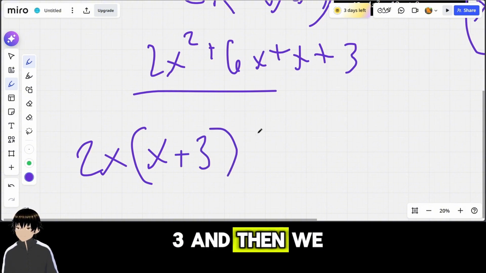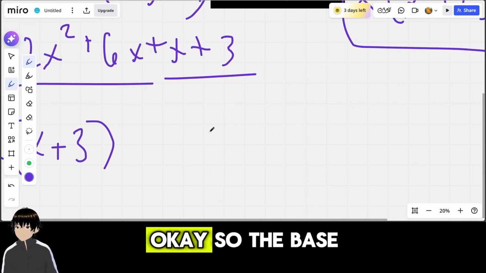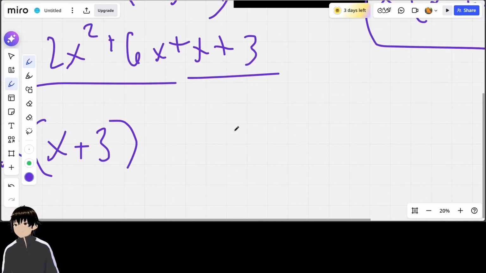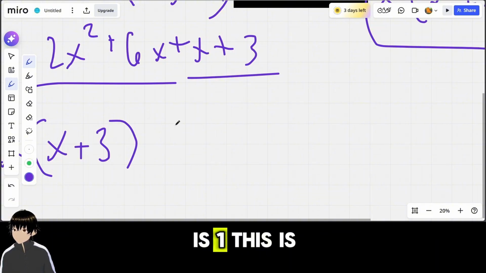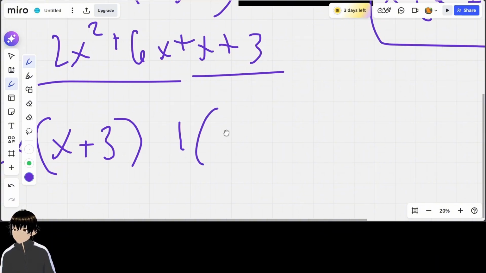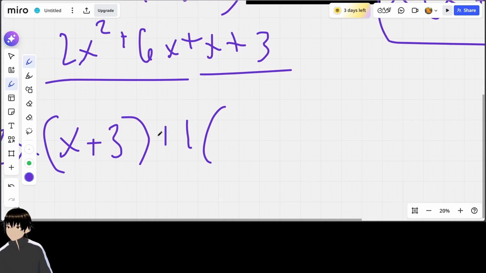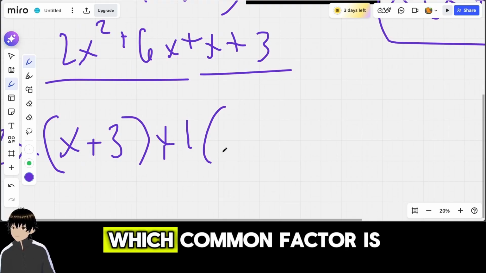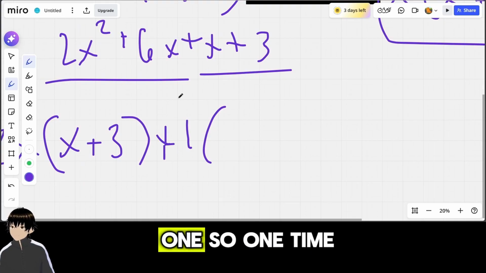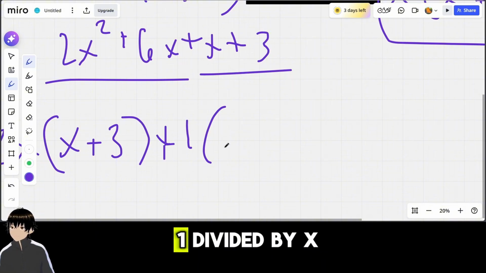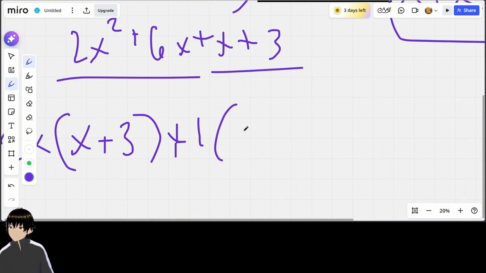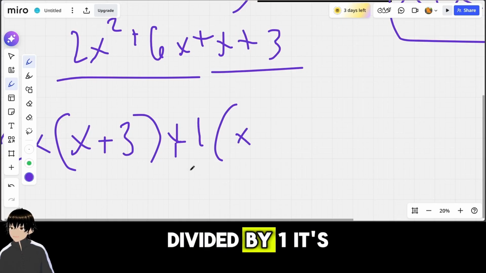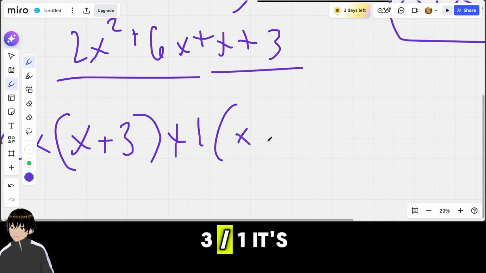And then the greatest common factor of the other group is 1. So x divided by 1 is x, and 3 divided by 1 is 3.